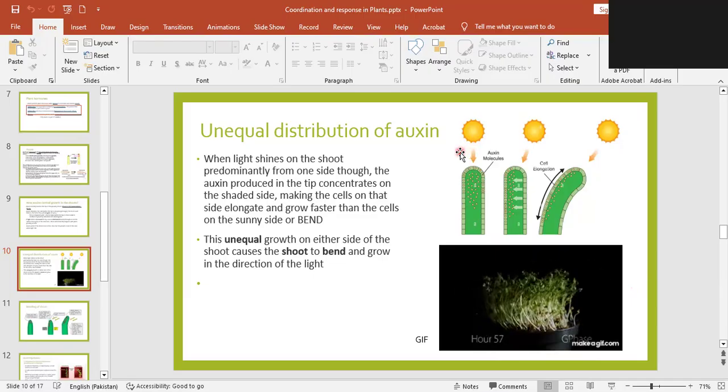If it is above the plant, the light rays are falling on the tip evenly from every side. See in this picture, the sun is above the plant, straight up. So the light rays are falling over it from all the sides, right?